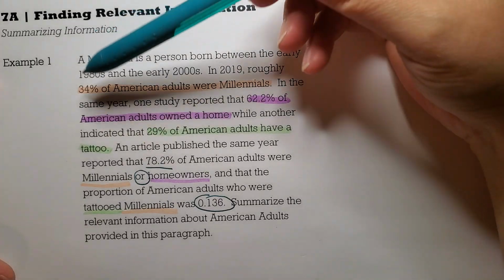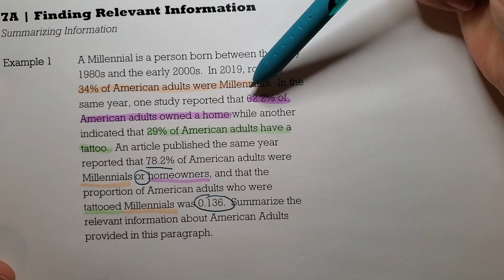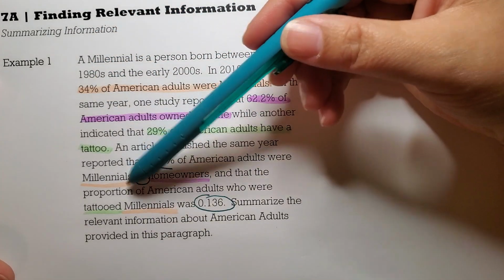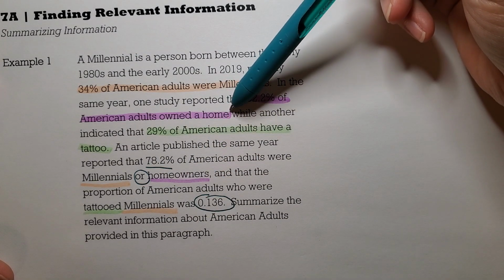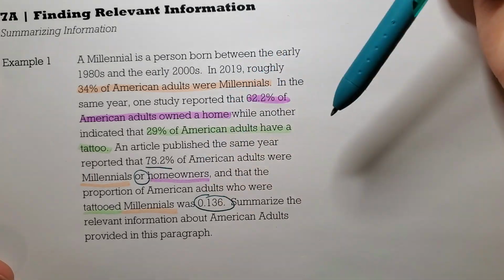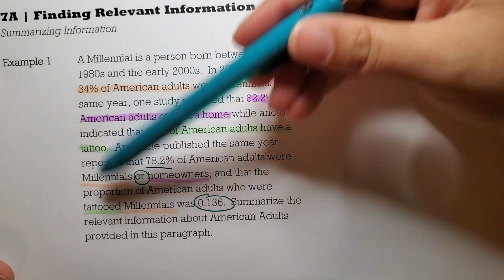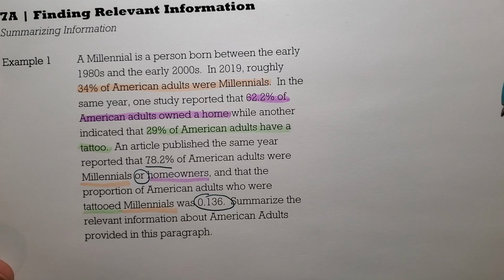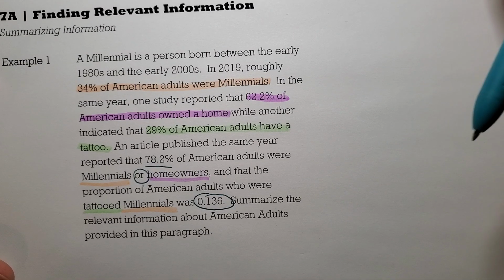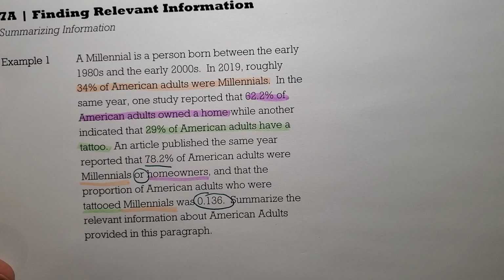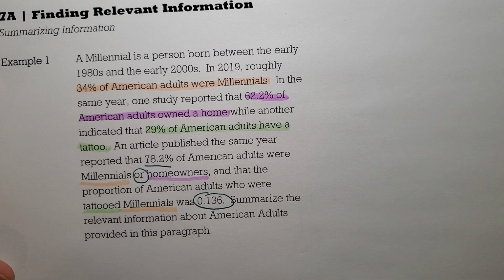So this first part, I had millennials in the orange. So then when millennials showed up later, I made that the orange. Homeowners was in purple, so that showed up there. And then tattoo was in green. So if you notice there's some repeated information, if you're using a highlighter, it can be helpful to use the same color for those components.